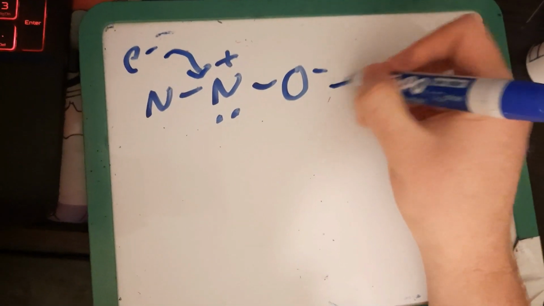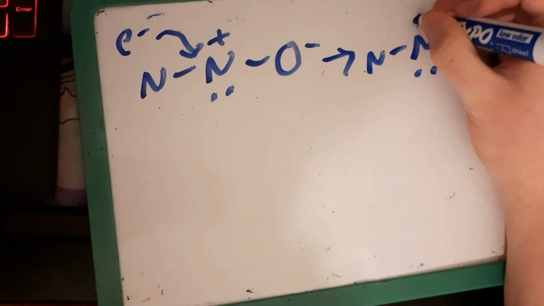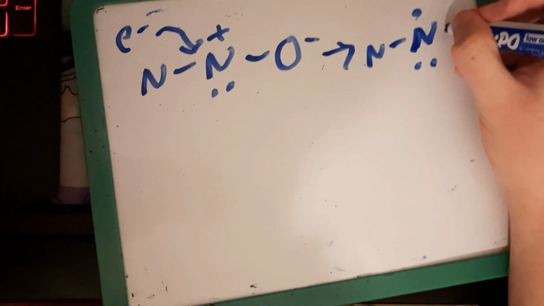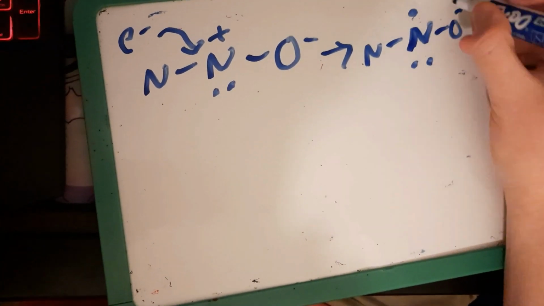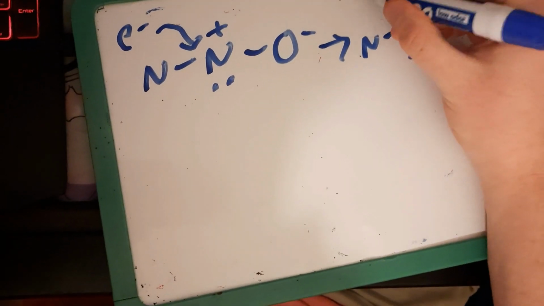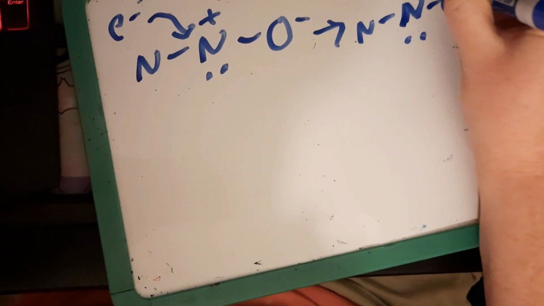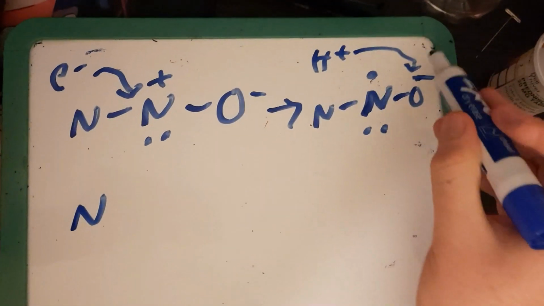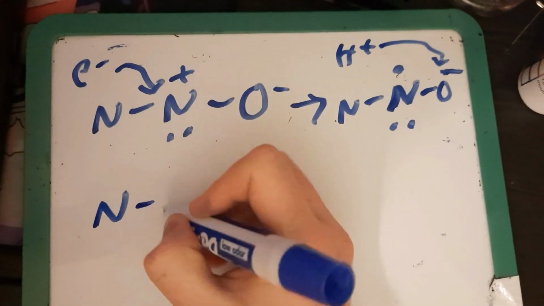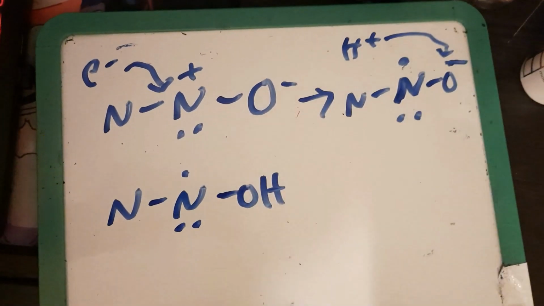This thing forms a radical. O minus, H plus, because we're under acidic conditions, gets attracted to the O minus. We're left with H plus gets attracted to the O minus, and OH.